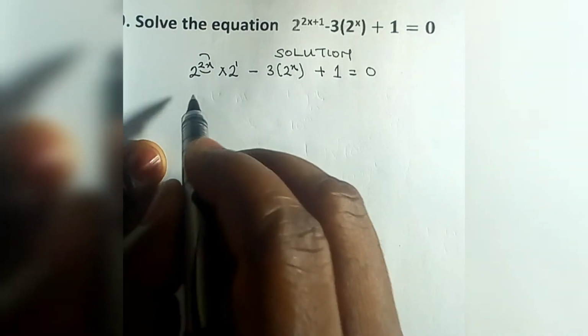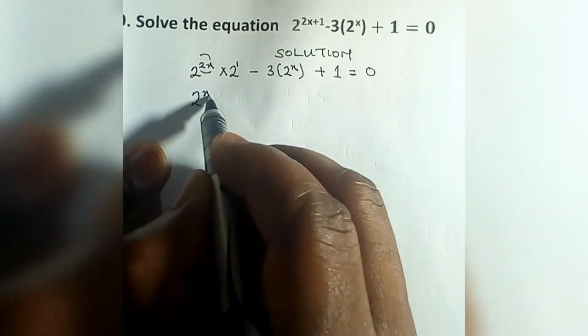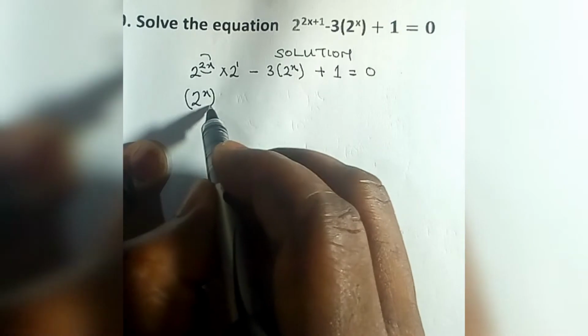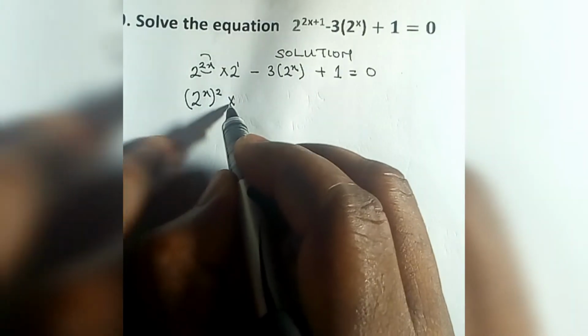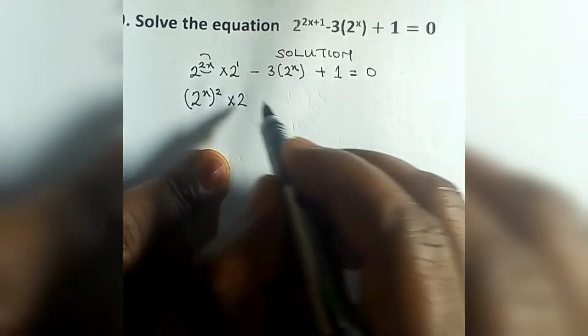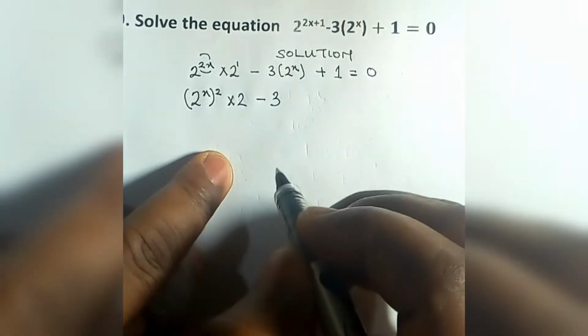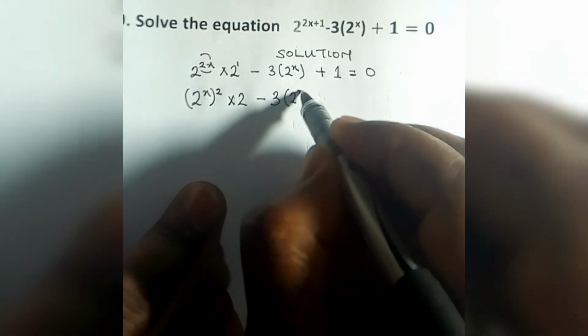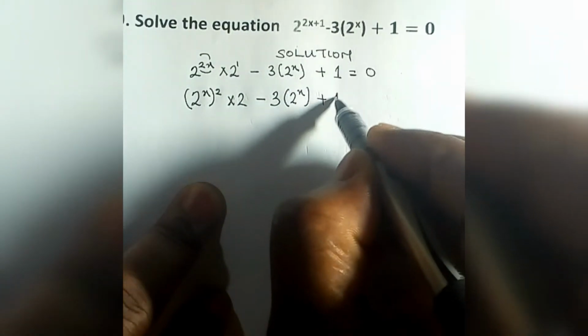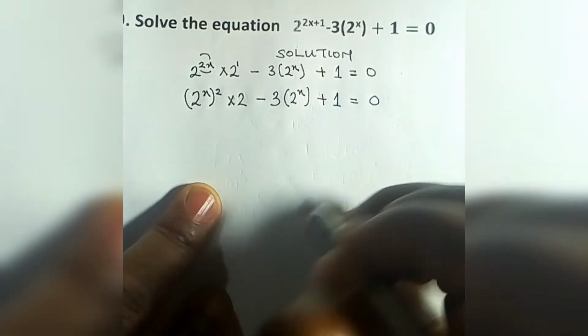When we do that, we have 2x, we can separate 2 and x with a bracket in this way, multiplied by 2 minus 3, open bracket 2 to the power of x plus 1 equal to 0.